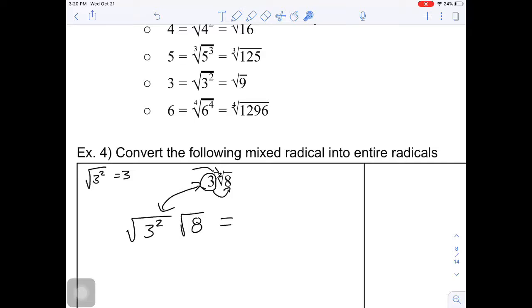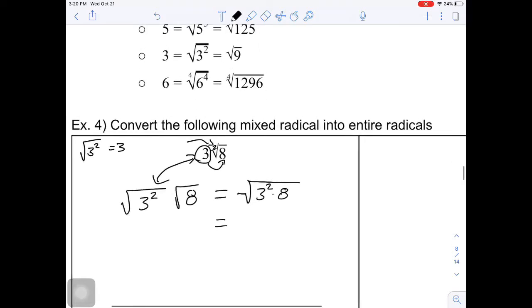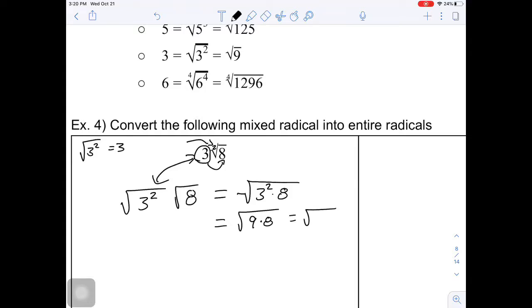And now, since they both have the same index, I can bring them under the same radical. So this will be the square root of 3 squared times 8, which gives me 9 times 8, which gives me the square root of 72.